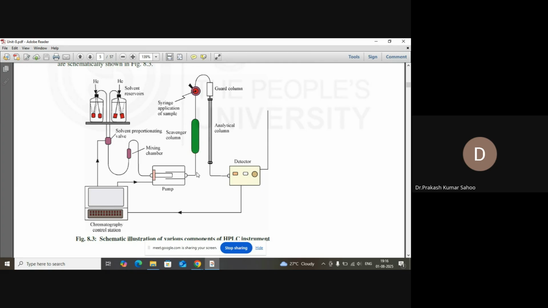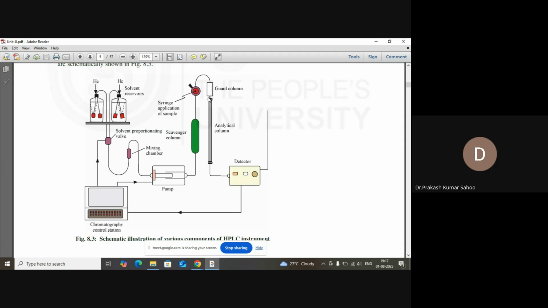and when the sample is injected, it now passes through this scavenger column, that is the column which is used as the stationary phase in HPLC, and accordingly the different components get separated, and this is the analytical column.